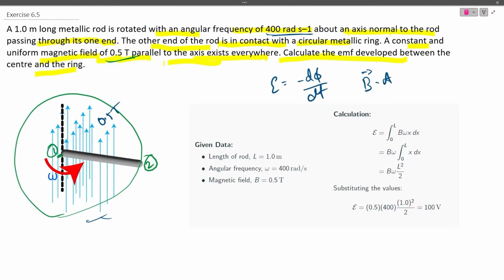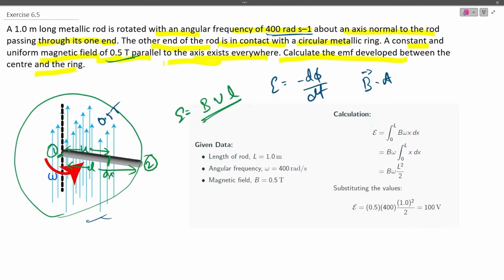For the sake of this question, we will consider a rod of length L. We haven't used the measurement of this length, that is 1 meter. So let us assume this is the length of the rod L, and there is a small element of length dx at a distance x from the axis of rotation. The motional EMF generated is given by E equals BVL.